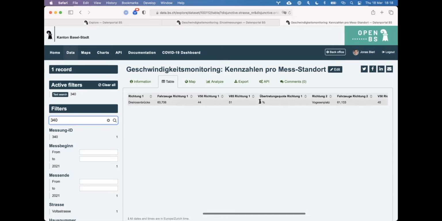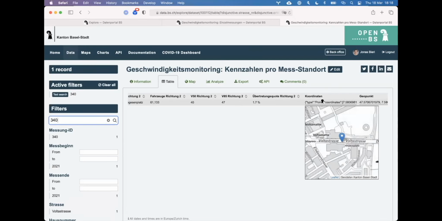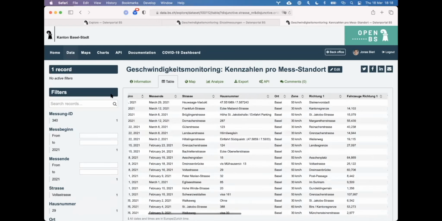So we have only 4% of people who sped here. In the other direction, we have an even lower median speed. That's very nice. So very low percentage of vehicles going over the speed limit there.